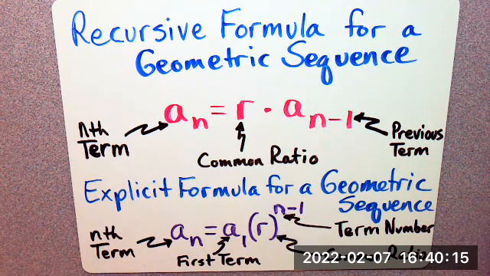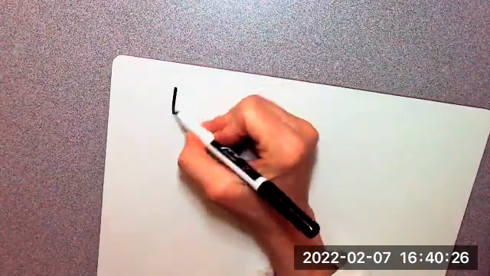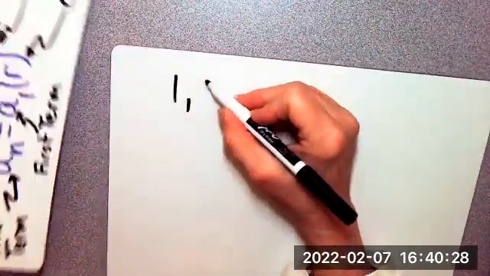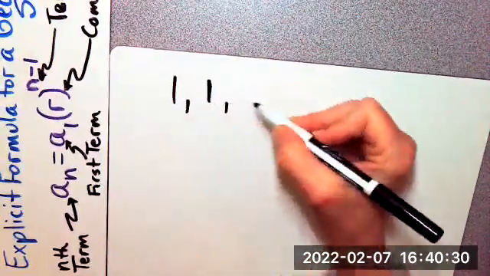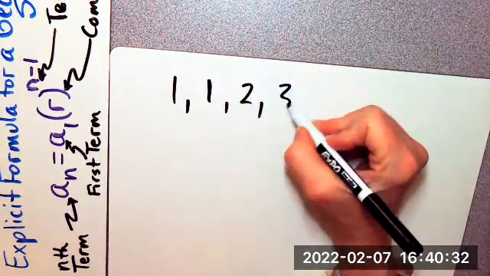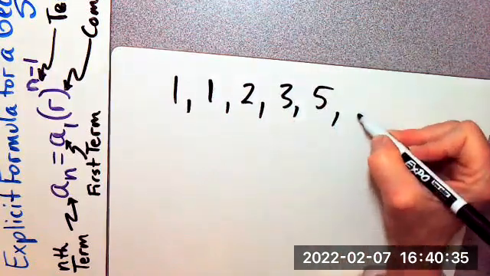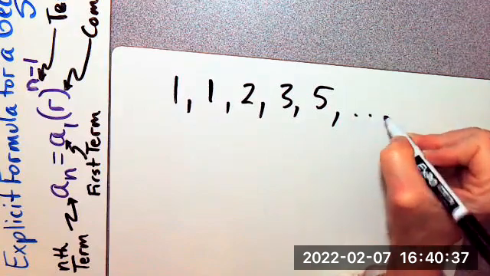I saw that in your homework, so maybe I should talk about that briefly. So Fibonacci is, if you had 1, 1, 2, 3, 5, and then it just keeps going on.